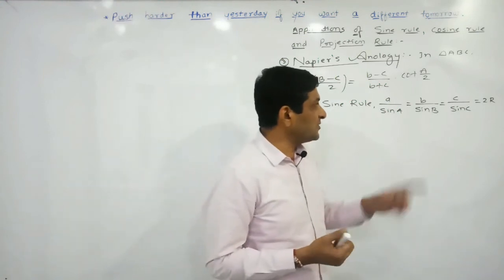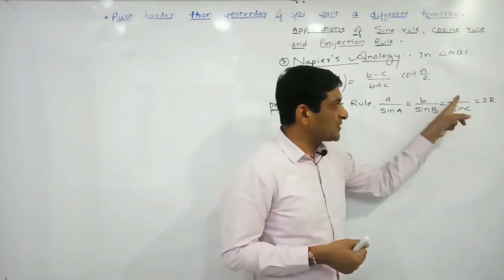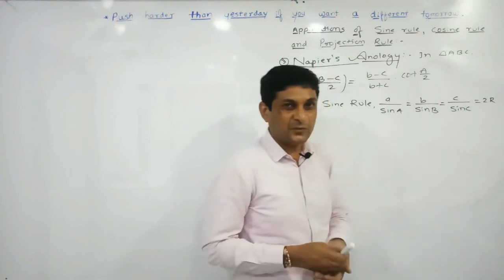According to the sine rule, a upon sine A is equal to b upon sine B is equal to c upon sine C is equal to 2R.